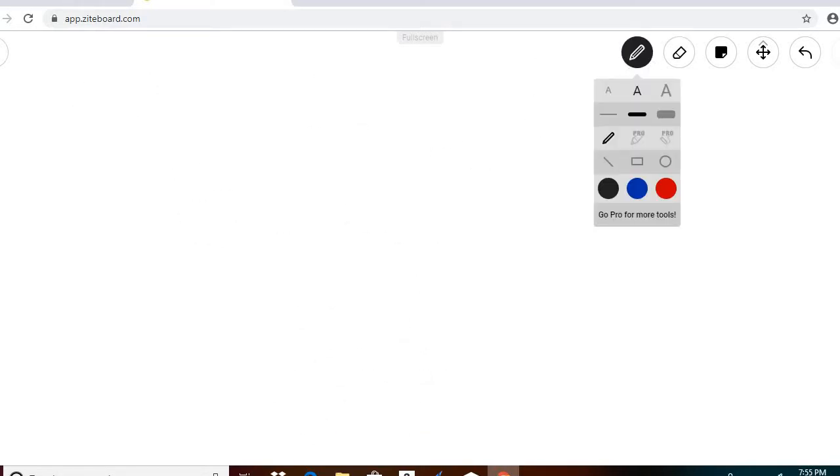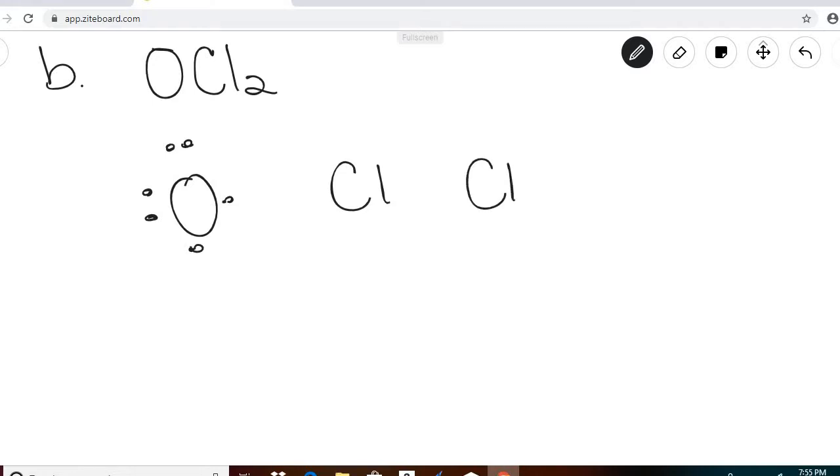Okay, then 3B is this. So if we draw the Lewis structure for oxygen, oxygen has 6 valence electrons. And then we have 2 chlorines, and each chlorine is in group 7, so each chlorine has 7 valence electrons. So putting these together, this and this can be shared.